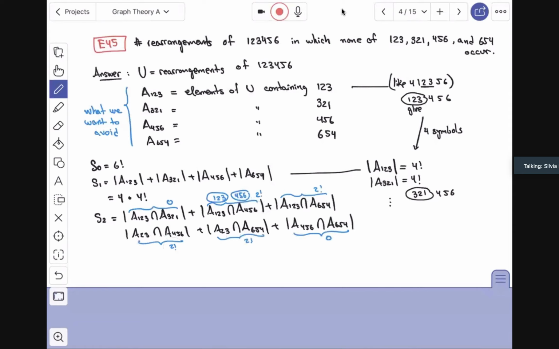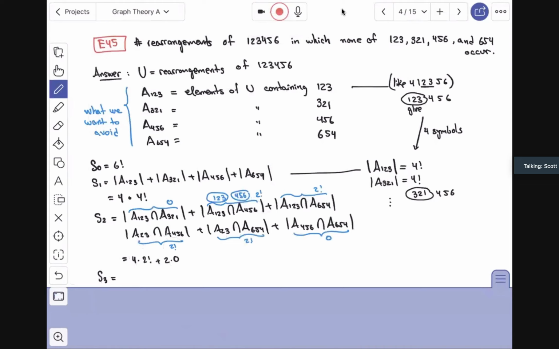That's it. So S2 is, I'm going to write like this, 4 times 2 factorial plus 2 times 0, just to be explicit. When I have 6 pairs, 2 of them don't have any intersection, and the others have intersection of size 2 factorial.